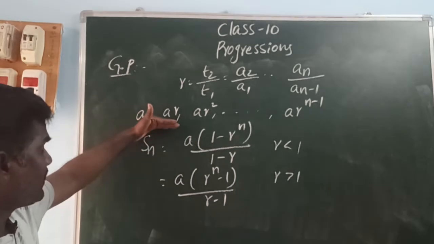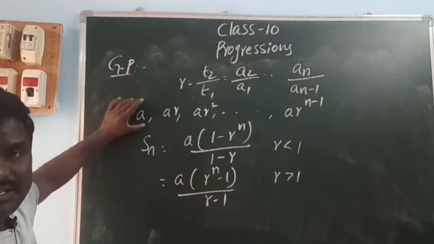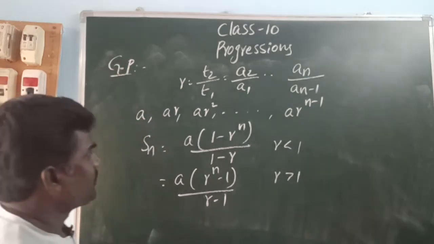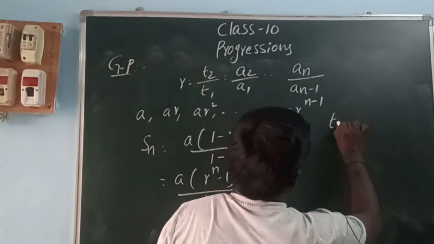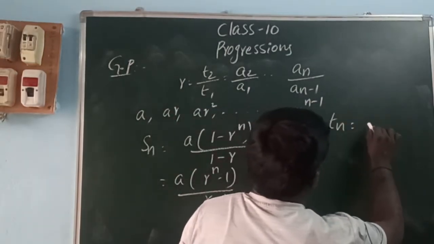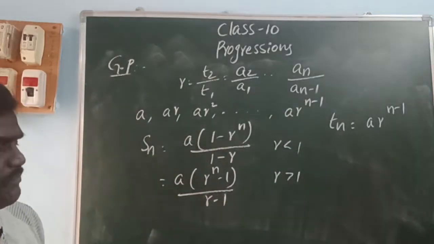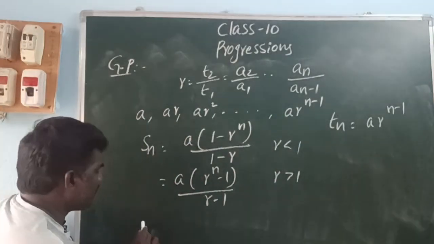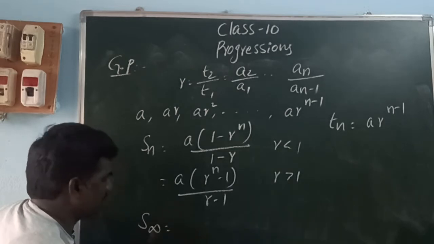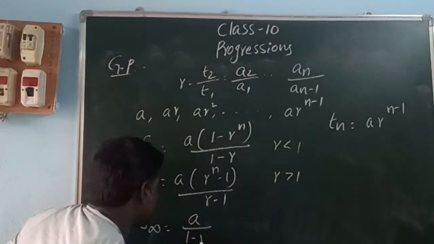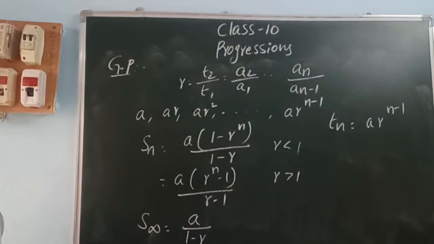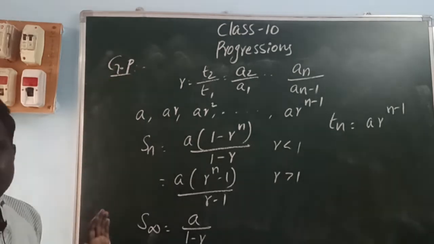The nth term of the GP is Tn equal to a into r to the power of n minus 1. Next, the sum of infinite terms in GP is a by 1 minus r. So this is the geometric progression.